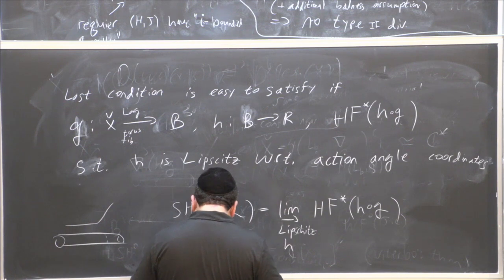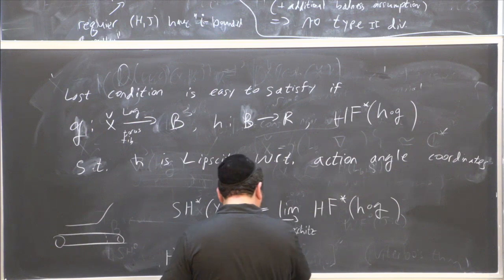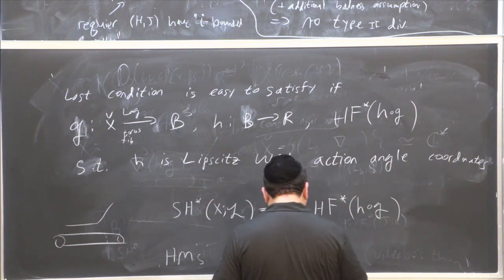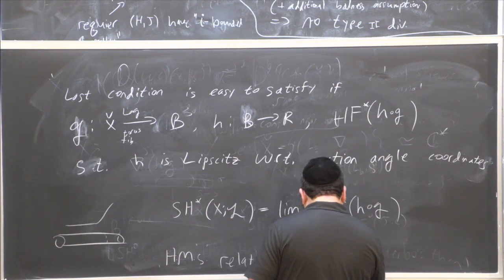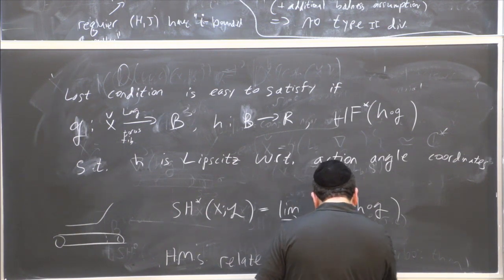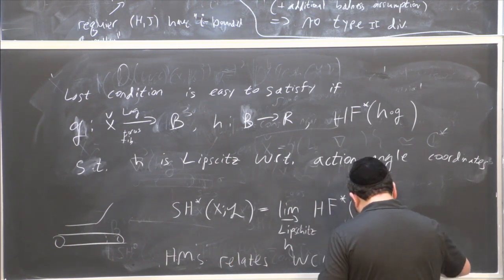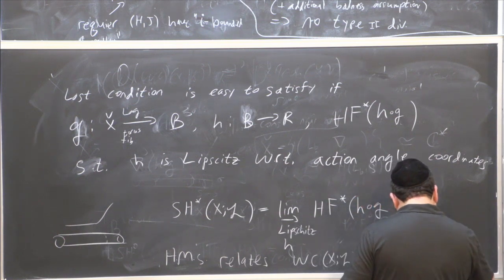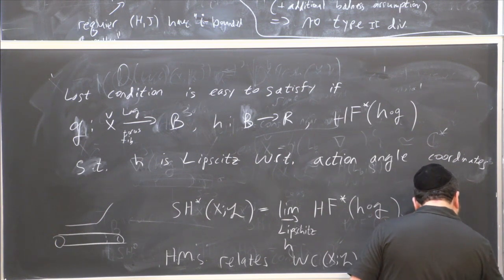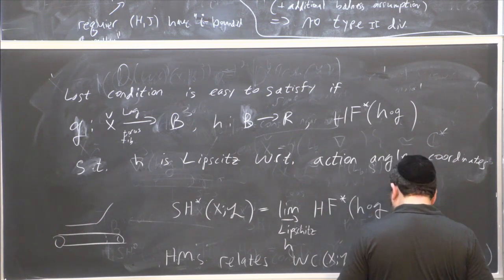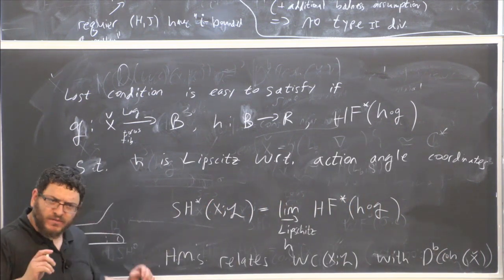I don't want to make too precise a statement, but it relates this kind of wrapped Floer homology, the wrapped Fukaya category, which is defined in this way using these Lipschitz Hamiltonians, with the bounded derived category of coherent sheaves on the mirror. Okay, with this I think I'll finish.